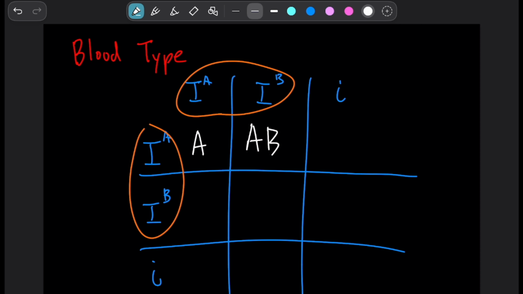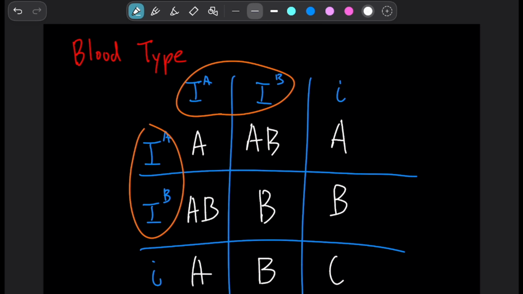We will get this A blood type, and just fill in A and B goes to AB, B and B has just B, B and the recessive i, you just stay with B, and this will have an O blood type.